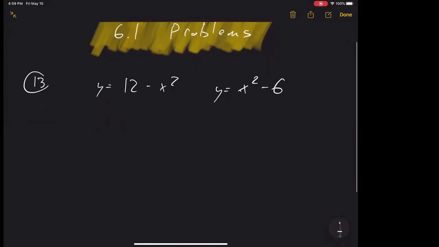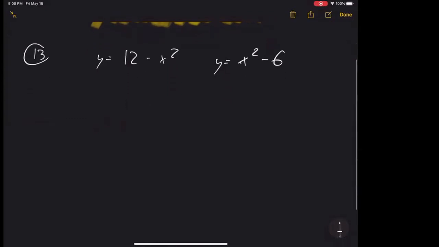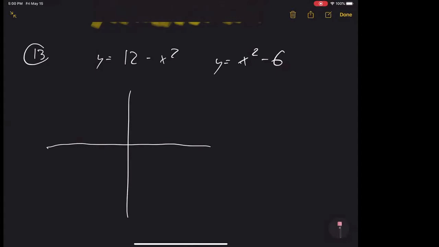Okay, so sketching the region is a good thing to do even if it's not required, just to get a picture of what's going on with the curves and the region. Okay, so 12 minus x squared. We don't need to make this too exact. I know 12 minus x squared is an upside down parabola.